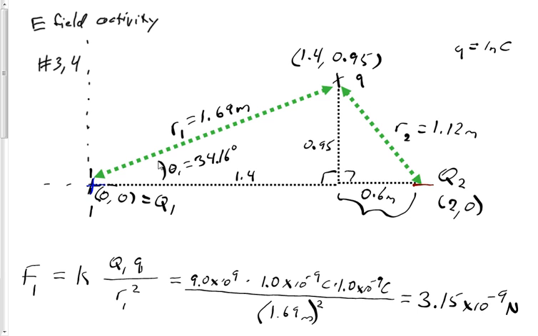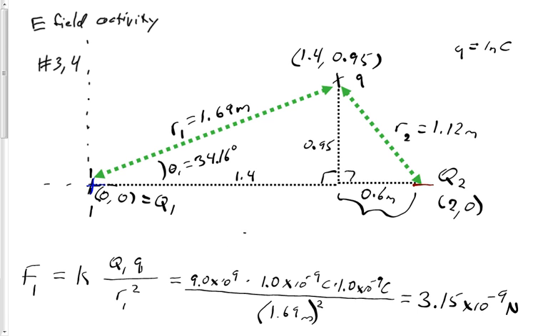So if I use that the tangent of angle theta is equal to the opposite over the adjacent, that means it's going to be equal to the 0.95 divided by the 1.4. And so to find the angle theta, I would just simply take the inverse tangent of each side. So basically saying that theta is equal to the inverse tangent of opposite over adjacent, being the 0.95 over the 1.4, and that gives me the 34.16 degrees.